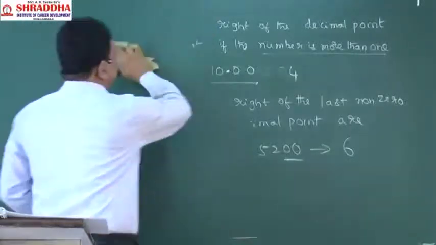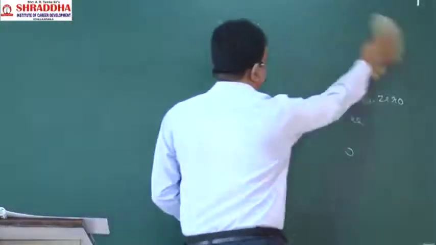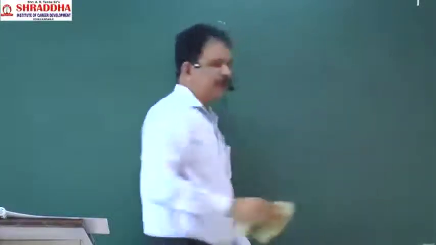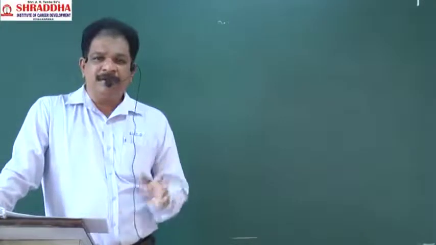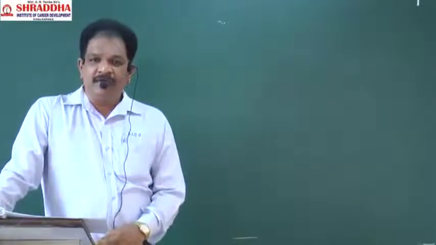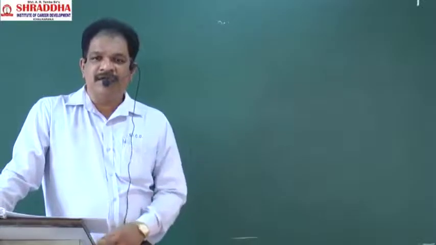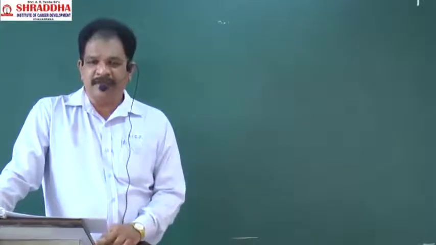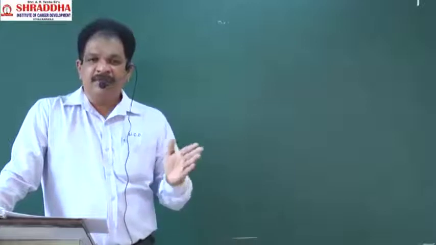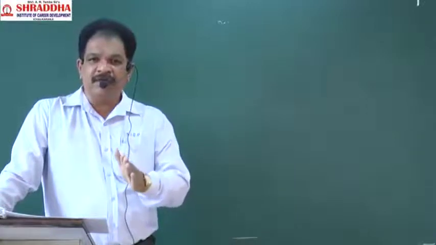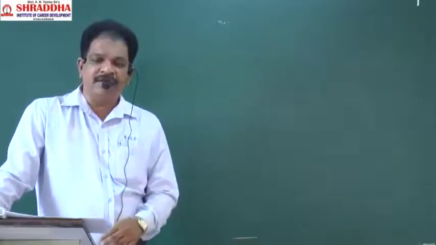Okay. Next, after finishing this: significant figures means, in any measurement, the number of digits which are certainly known plus one more uncertain digit are called the significant figures. Some rules are there to identify the significant figures.